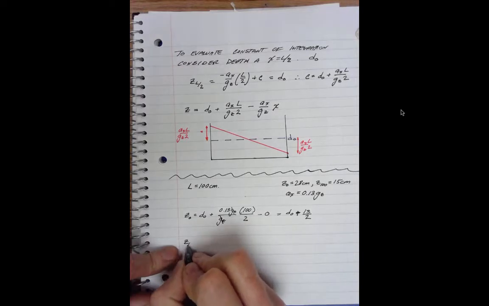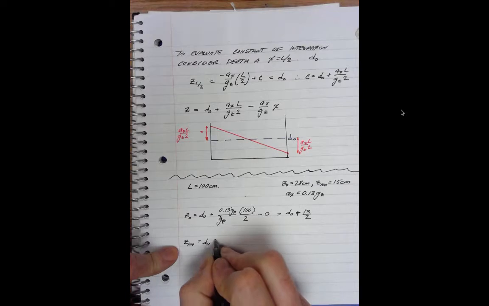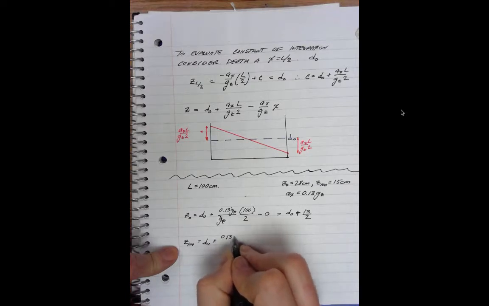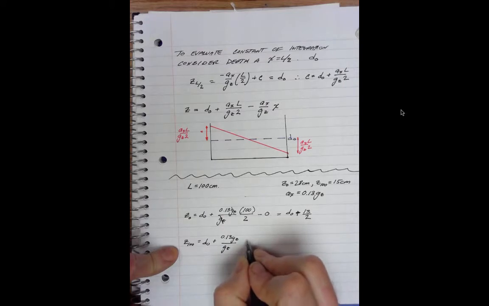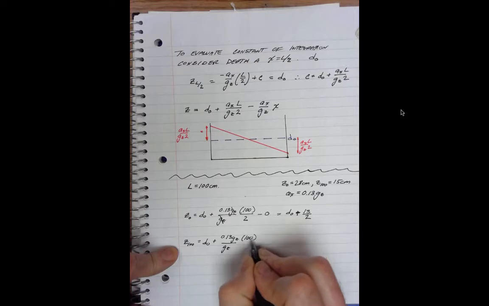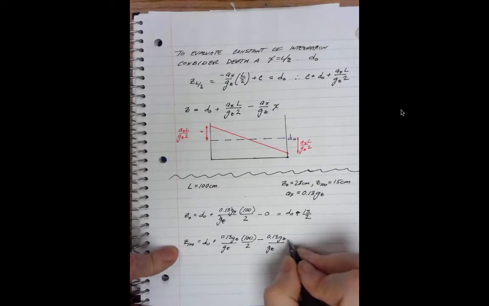And now let's look at Z100. Z100 is d0 plus 0.13 g sub z over g sub z, length is 100 over 2, minus 0.13 g sub z over g sub z times 100.